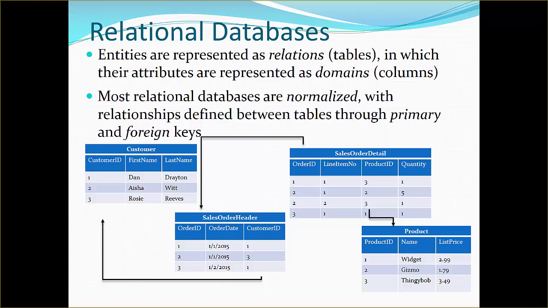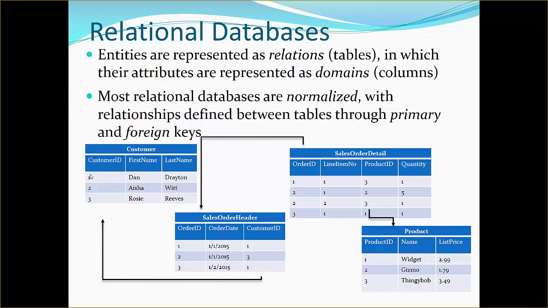Okay, why we need to know what the customer ID is in the sales order header table, right? And that while the customer ID is only mandatory to be unique in the primary key table, it is not a requirement that it is unique in the foreign key, because the foreign key is the many side of the relationship.